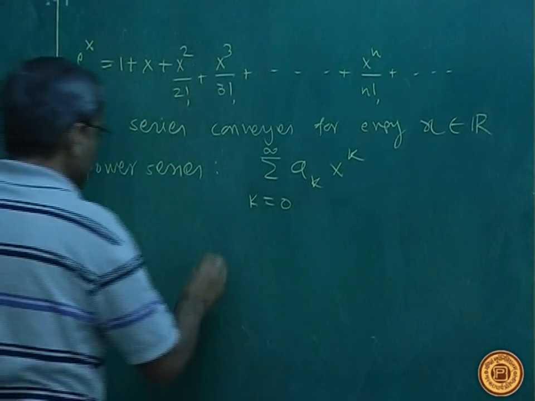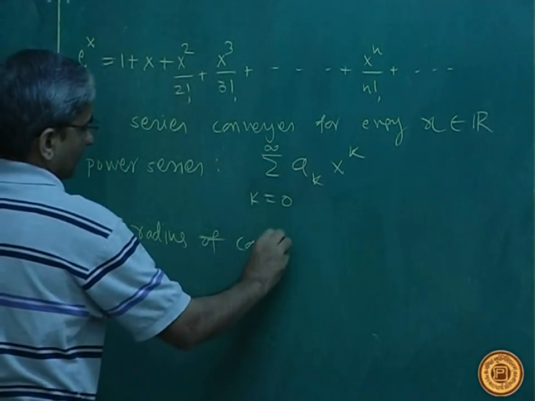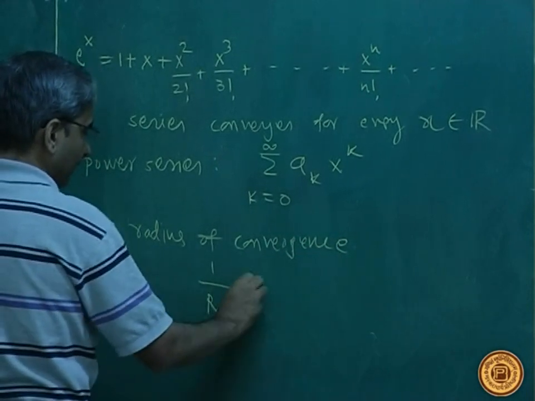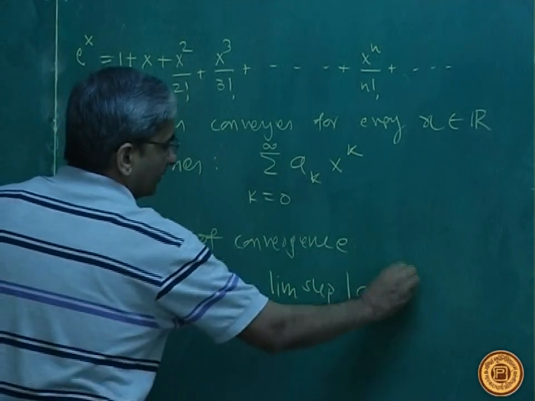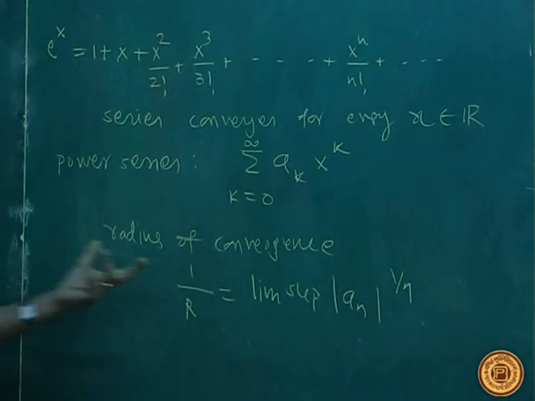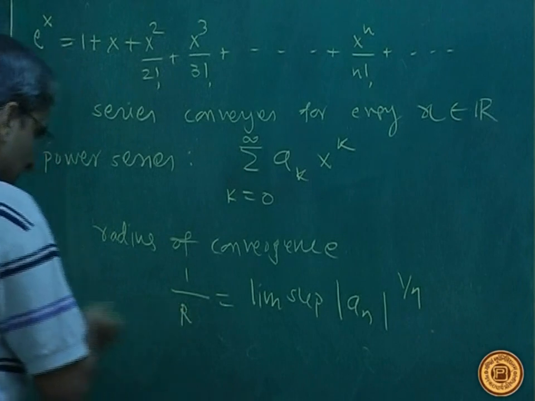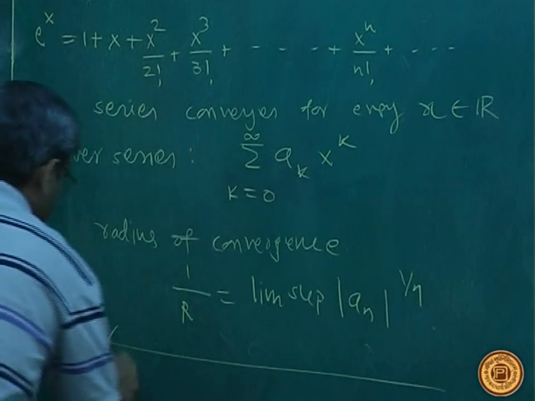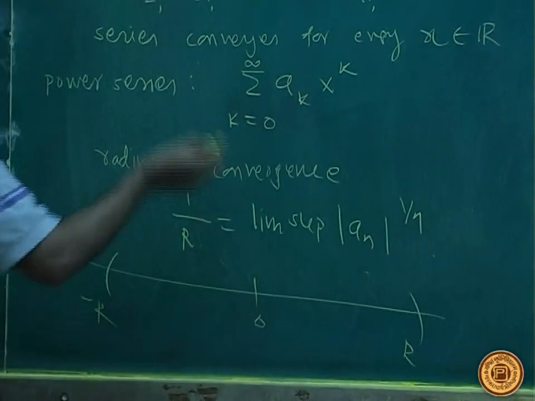And for every power series there is a radius of convergence, which is given by the formula lim sup of mod a_n raised to 1 over n. I am not going into all these details at present, but surely you have done this. That is, there is a real number r associated with every series, such that in the interval minus r to r, this series converges.